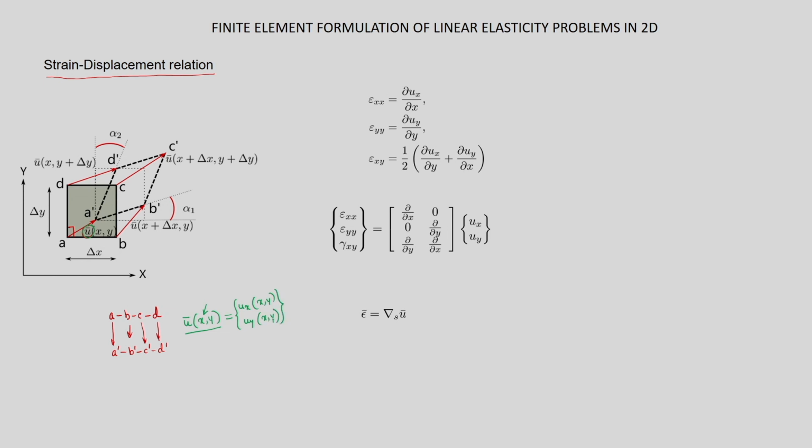Similarly, B has moved to B prime. Since in the initial configuration the coordinate of B is x plus delta x comma y, the displacement of B to B prime is denoted by u bar at x plus delta x comma y.